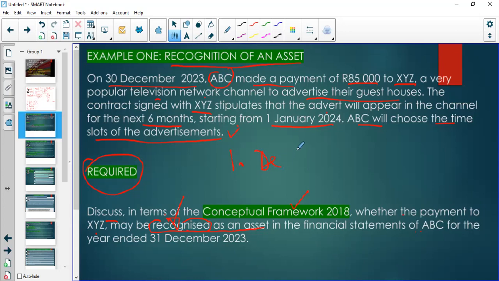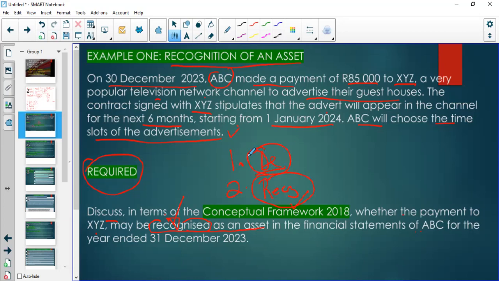Then when it meets the definition of an element, we consider whether to recognize it as a second step. So when the examiner asks you if something should be recognized, it means you have to go through the first step of determining whether it meets the definition of the element.